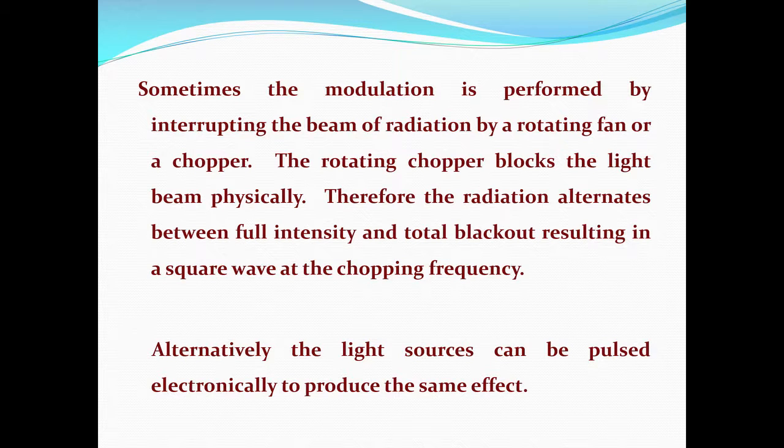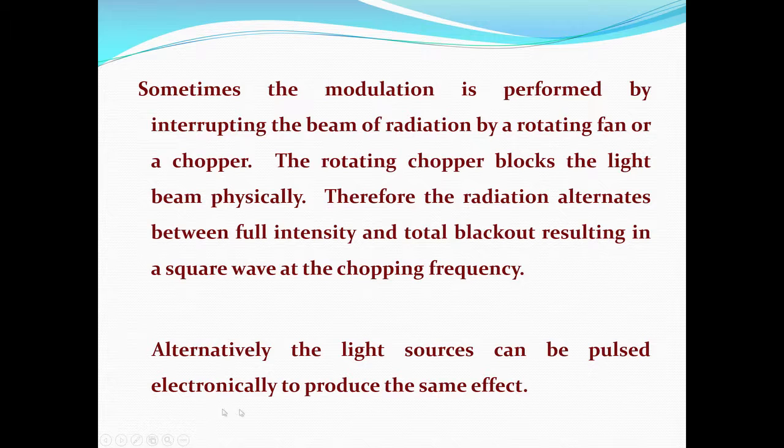The rotating chopper blocks the beam physically, and the radiation alternates between 0 intensity and full intensity, total blackout sometimes, on and off, on and off, and that results in a square wave at the chopping frequency. So, the square wave can be converted into DC.